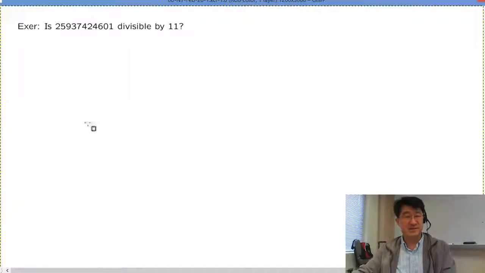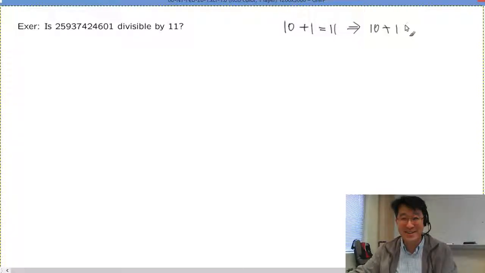And you love it. Oh yeah, 10, what was it? Plus 1 is 11, right? This is the most profound statement we've seen today. And then 10 plus 1 is 0 mod 11, right? So 10 is negative 1 mod 11.